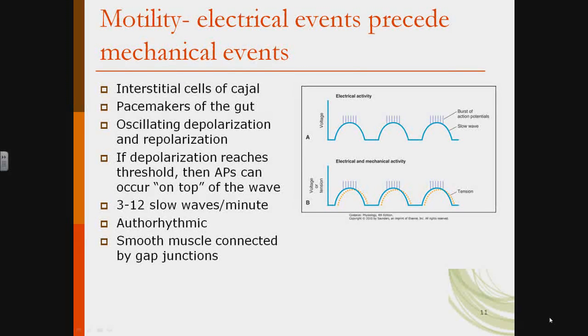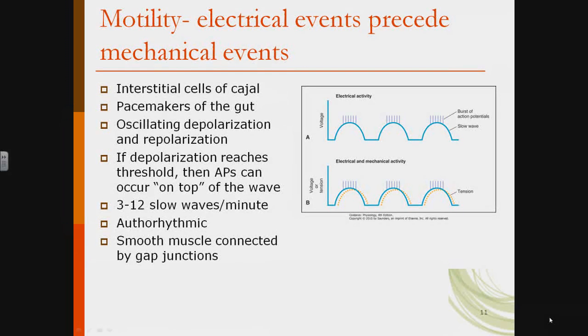And the light purple lines occurring on the top of the depolarization wave are bursts of action potentials, which means they occur, we come back, they occur again, and you have about 3 to 12 waves of these depolarizing events per minute. Again, it's autorhythmic.